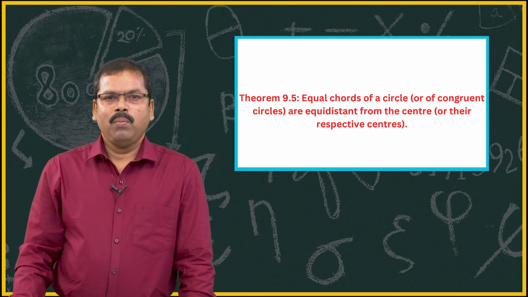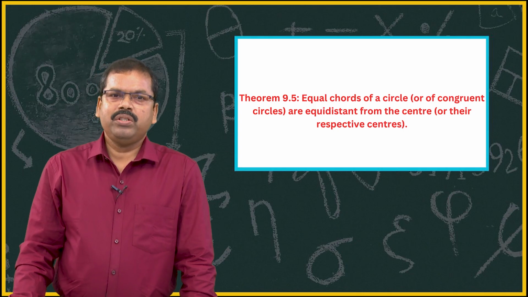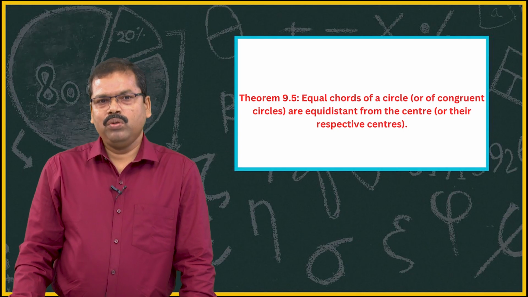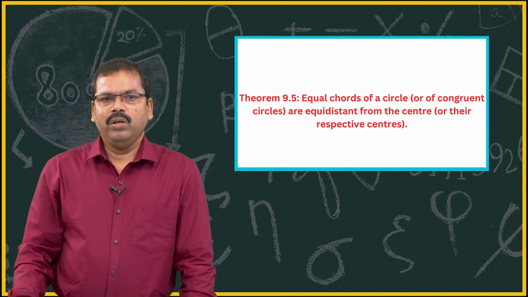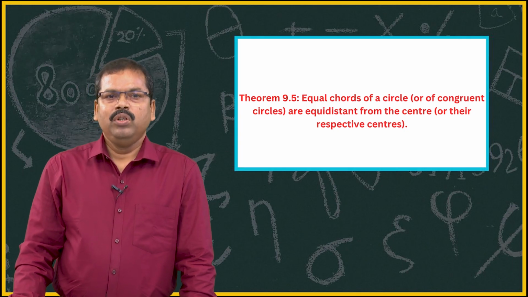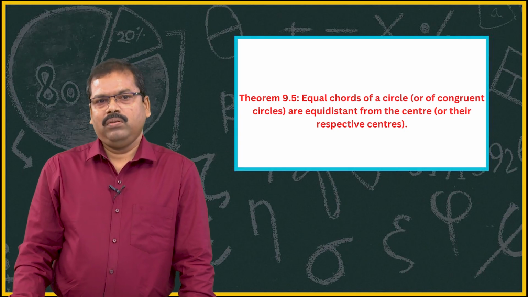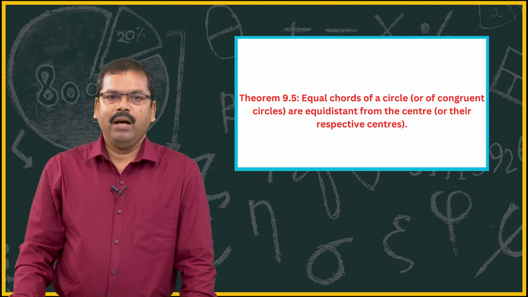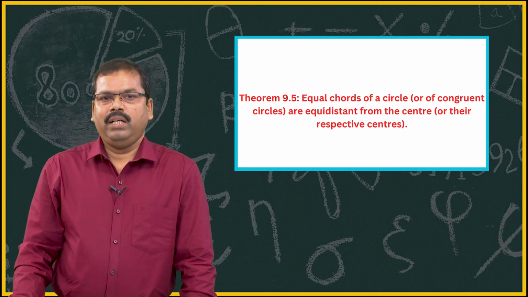That means, students, here you can take the same circle or you can take two distinct circles. So, students, before the proof of the theorem, you must know the meaning of congruent circles. Two circles are said to be congruent if they have the same radii.